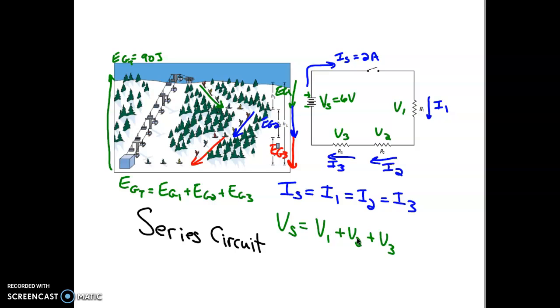So V1 plus V2 plus V3 has to equal the voltage of the source. If the voltage of the source is 6 volts, the voltages at the resistors have to add up to 6 volts. So at each of these, it would have to be 2 volts, 2 volts, 2 volts, because 2 plus 2 plus 2 equals 6 volts.